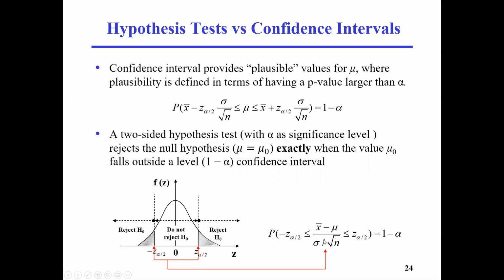If the value for this formula falls outside this range, which means the actual z value is within this shaded area or that shaded area, then we reject the null hypothesis. So estimation and hypothesis testing are connected by alpha.